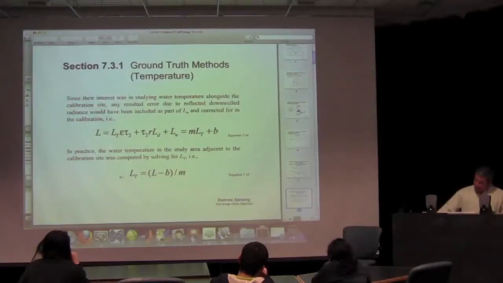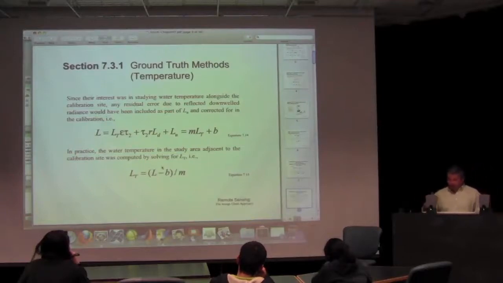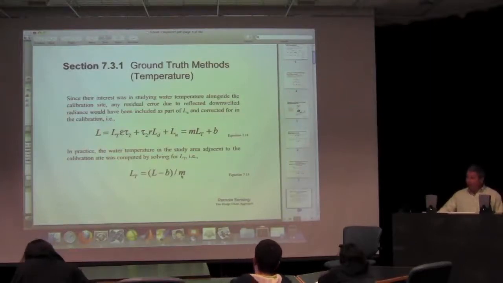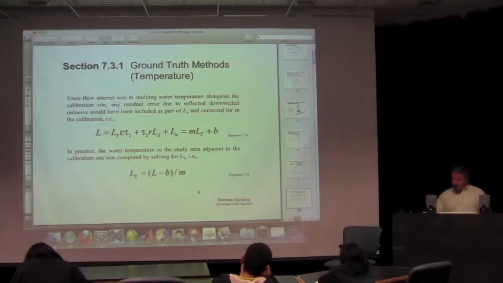All right, so if we go back to the black body assumption for a second, so we're working with water again, you can invert this equation really easily to find LT. Radiance you observe at your sensor minus an intercept divided by the slope. So in other words, take off the upwell radiance, divide by the transmission, and then you have the radiance leaving the ground. Assume you went through a perfect atmosphere. Then you can invert that to come up with water temperature.